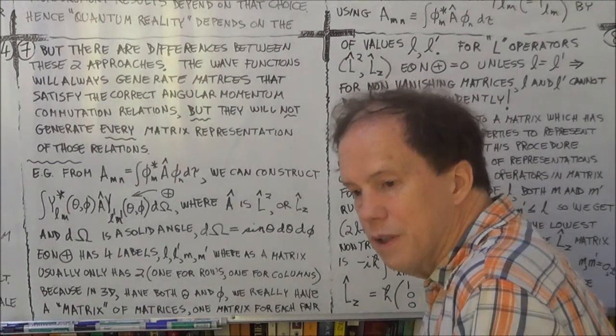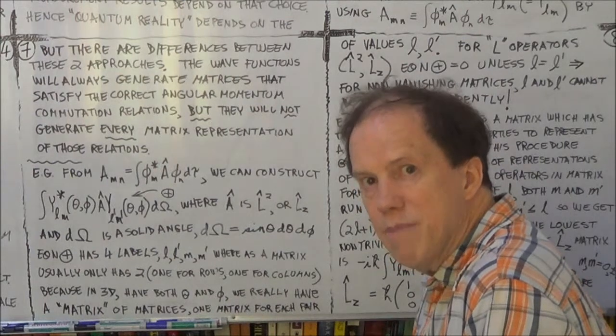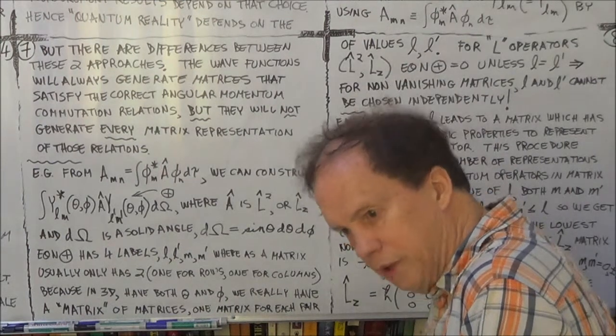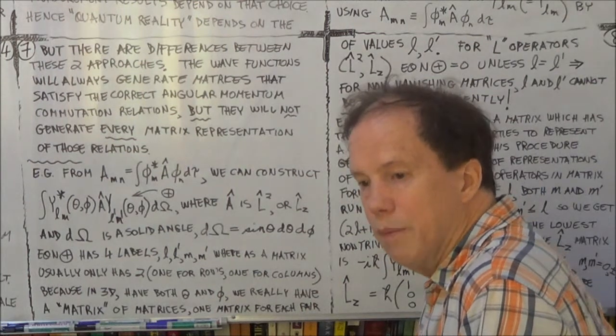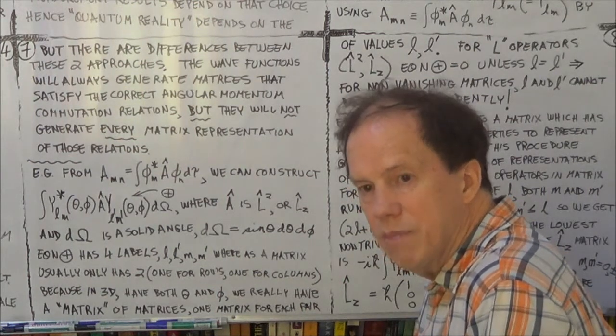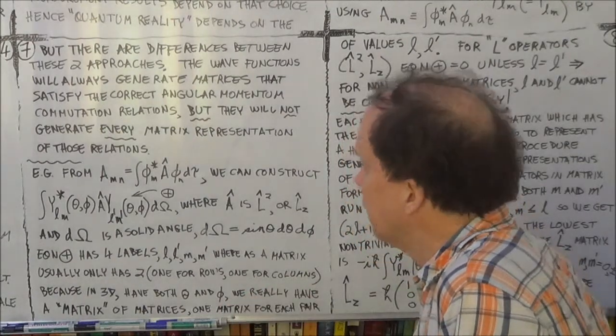The first spherical harmonic has its two parameters, L and M, then an operator, and then the second spherical harmonic has its two parameters, L dashed and M dashed, and then the volume element.